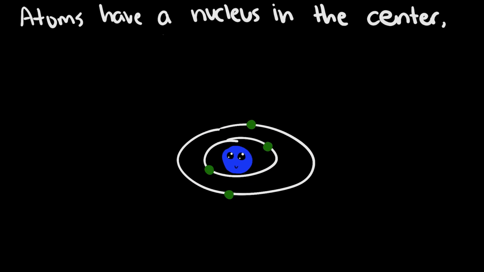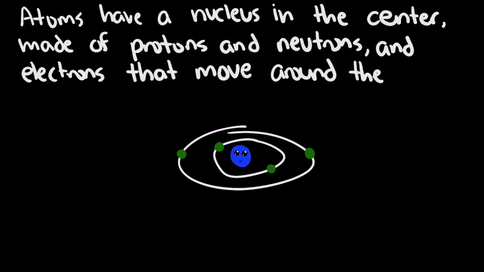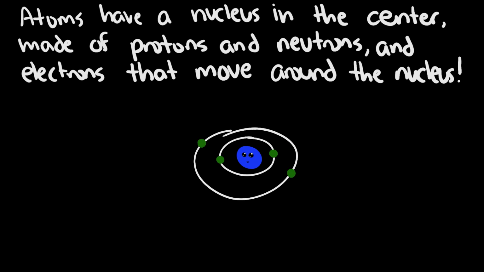Atoms have a nucleus in the center made of protons and neutrons and electrons that move around the nucleus.